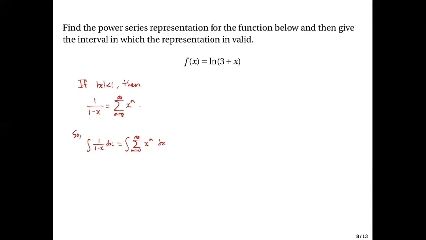If we do the integration, we will have negative ln absolute value of 1 minus x. Of course, there's a plus c in here, but we'll just put the plus c on the other side. So for this guy here, we just have the series from n equals 0 to plus infinity of x to the n plus 1 divided by n plus 1, and then there's a constant c.